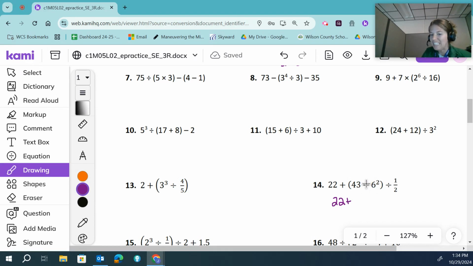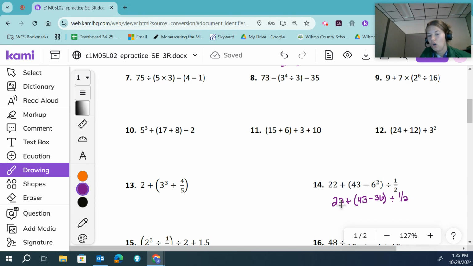If inside my parentheses I had another set of parentheses, I would go ahead and do those first. I don't have a second set of parentheses, so I'm going to do my exponents here. 6 squared. So I have 43 minus 6 squared. 6 times 6 is 36, divided by 1/2.